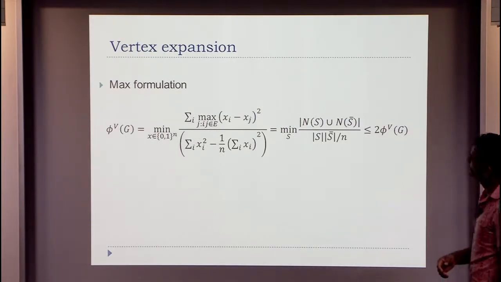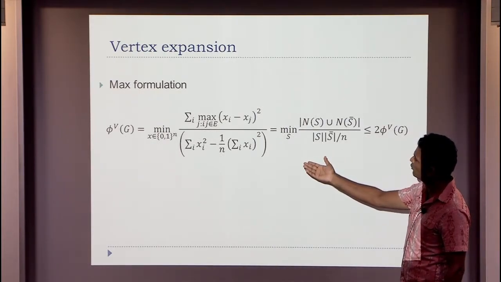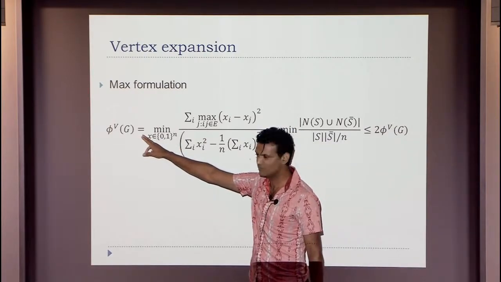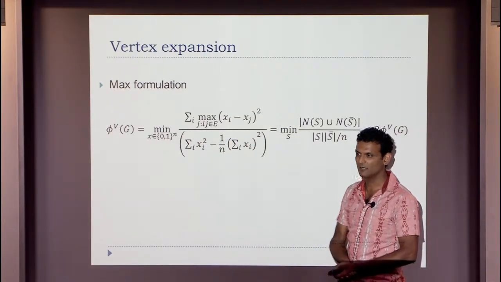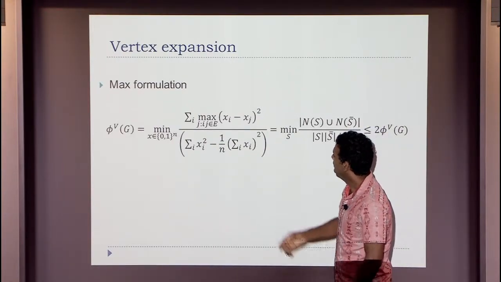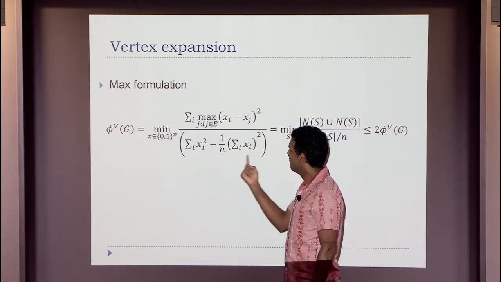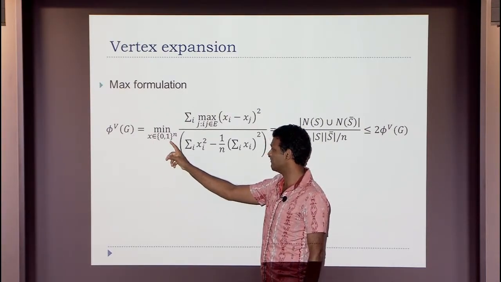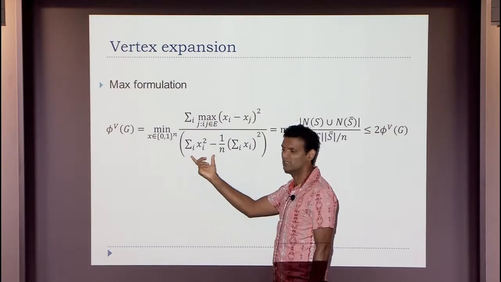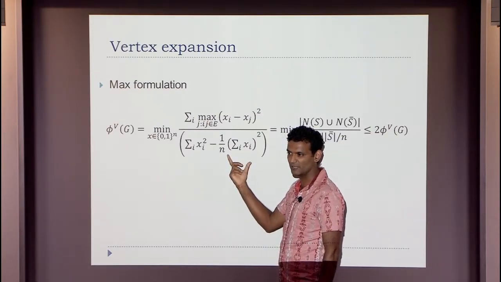Here is a way to formulate this, an equality, the same thing, but written as an integer program, an integer ratio. The denominator is the same as in the edge expansion case. It's just counting a subset. If x is the indicator vector of a subset, this is essentially counting the size of the subset times the size of its complement.